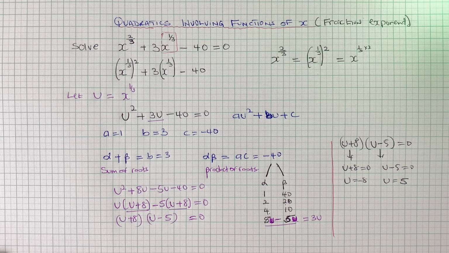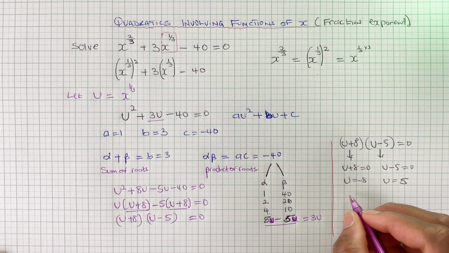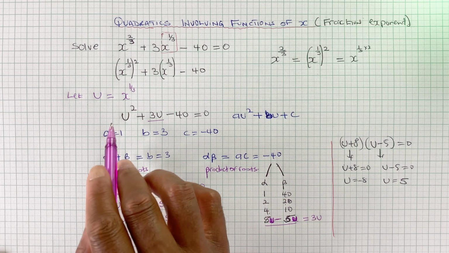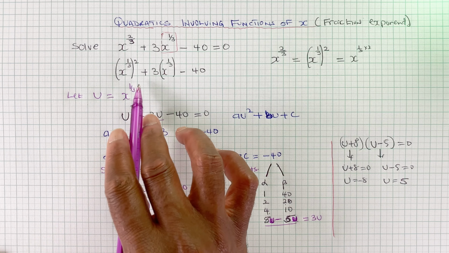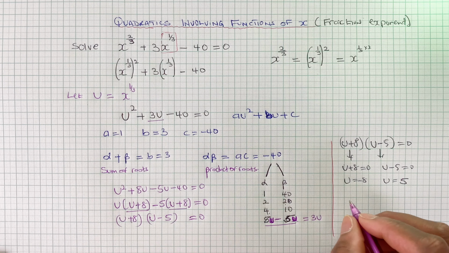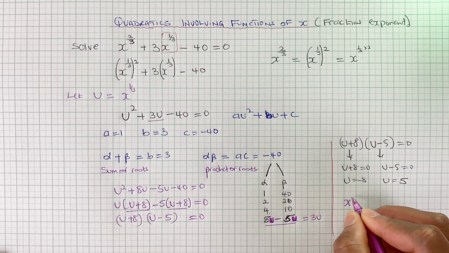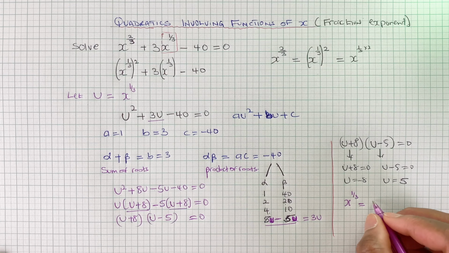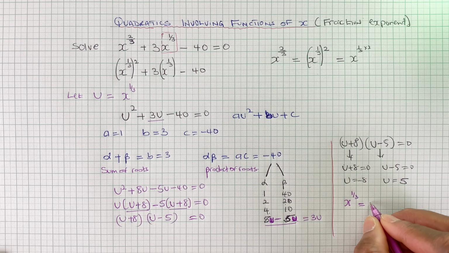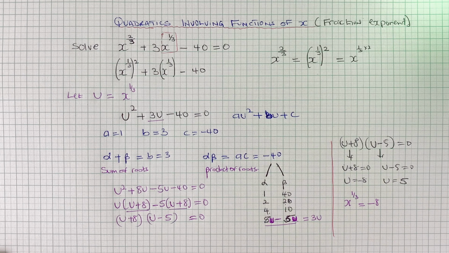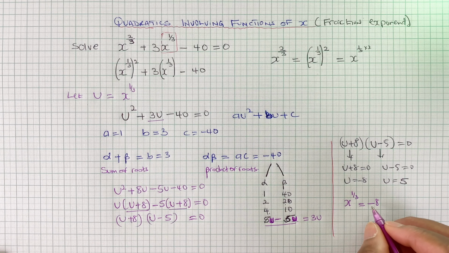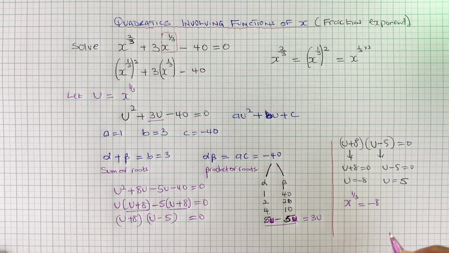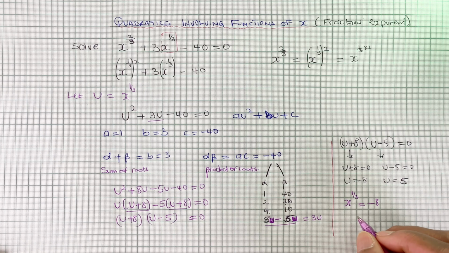So now, what do I have now? I have, if I remember that u is x to the power 1/3, so I get x to the power 1/3 equals minus 8, which means that, so that's indices now.